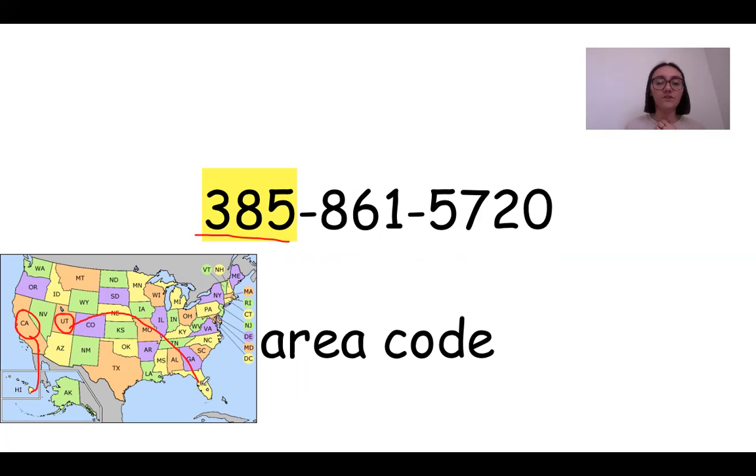So if you got your phone in Utah and you moved to Florida, you would still have your 385 or 801 area code, these first three numbers, even though you don't live there. But that's why we use them, because these numbers tell us where the person is.